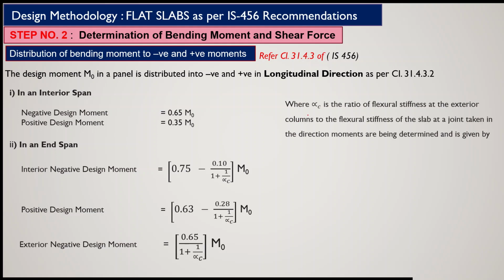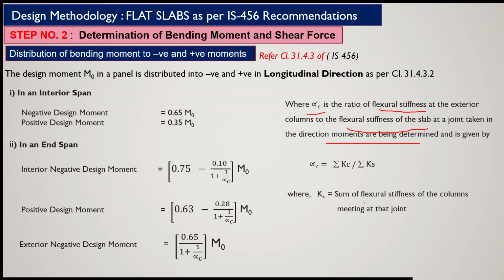Now what is alpha c? Alpha c is the ratio of flexural stiffness of the exterior column to the flexural stiffness of the slab at a joint, taken in the direction in which moments are being determined. It is given by summation of Kc, that means flexural stiffness of column, divided by summation of Ks, where K is the symbol for flexural stiffness and s is for slab.